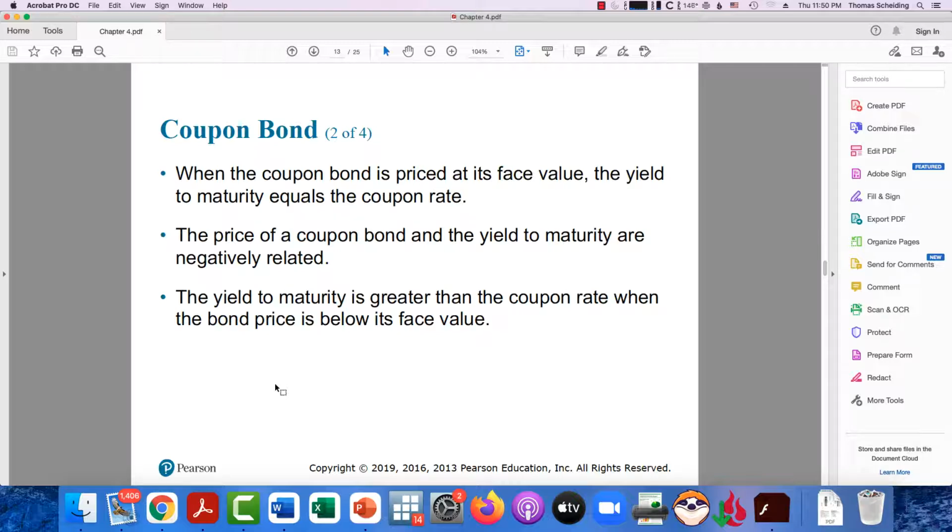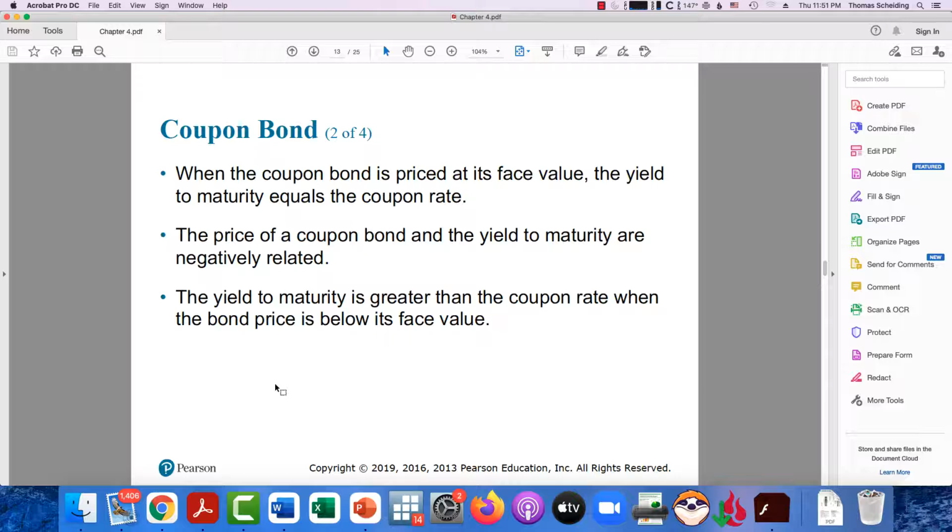If that coupon bond ends up being priced at its face value, so basically a $1,000 bond is purchased for $1,000, then the yield to maturity is the same as the coupon rate.